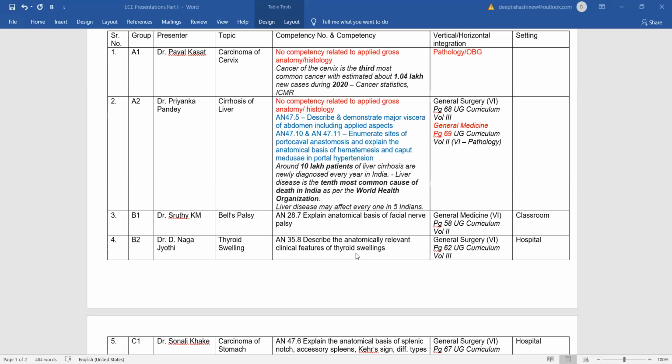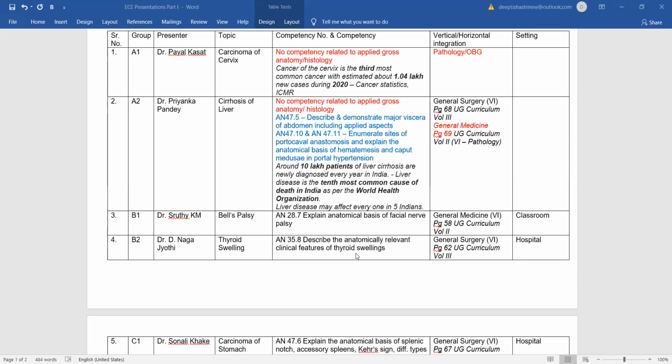Now, in the integration part, I've just mentioned that general surgery in volume 3 has given mention of liver disease. And liver has been integrated vertically with physiology and pathology and biochemistry and not with anatomy. General medicine has integrated it with pathology.